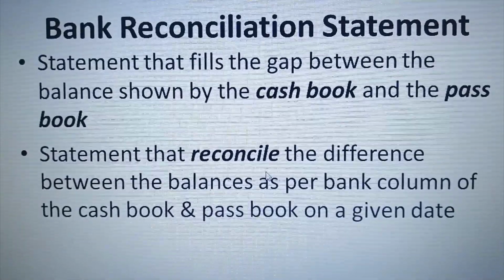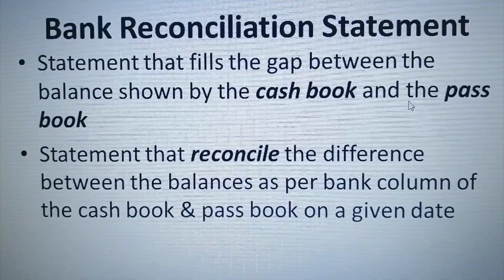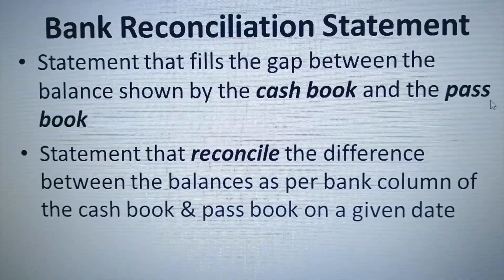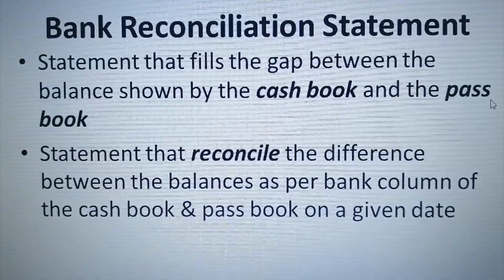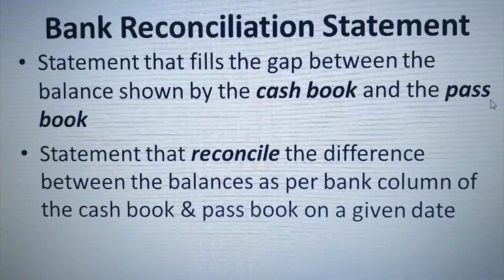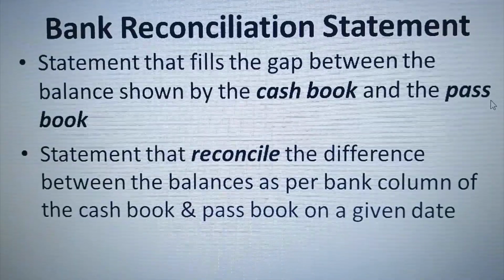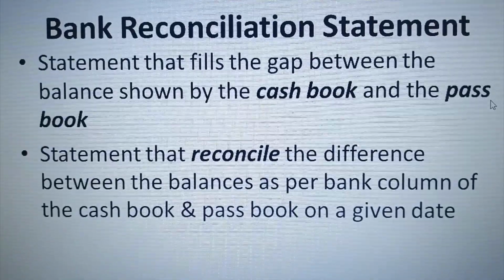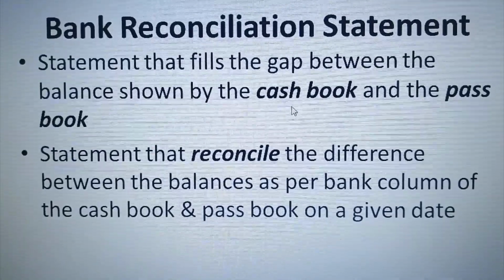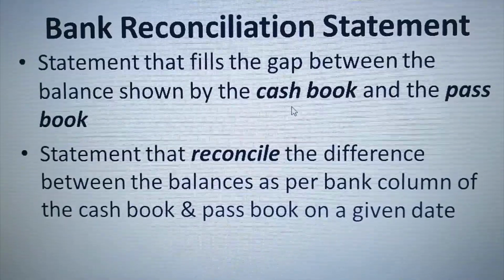Reconcile means to compare two sets of documents to ensure that there are no mismatches between them. This is what we are doing while we prepare a bank reconciliation statement. We are removing the differences between these two books. Finally, the details of one book will match with the other book. This is what is called a bank reconciliation statement. Clear?